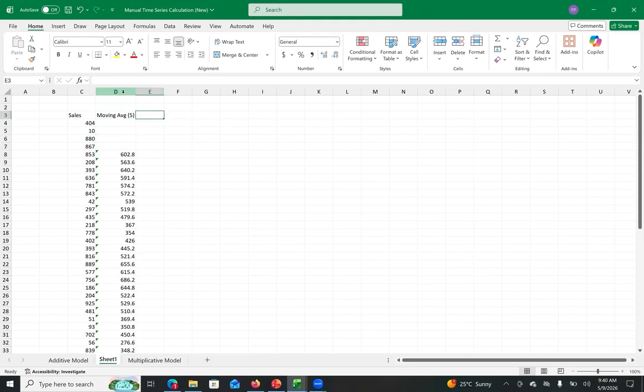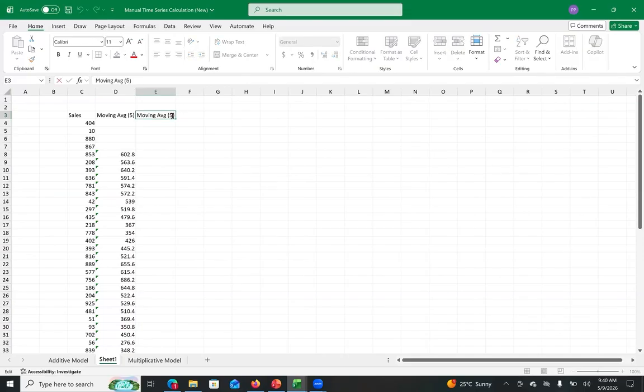I could have done 10 days moving average as well. In that, I will be taking average of last 10 days of values.